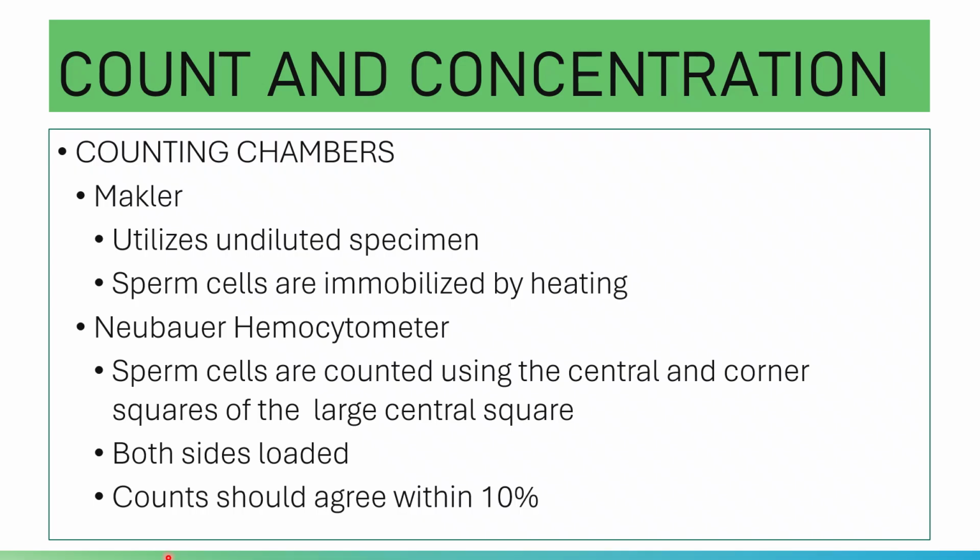Please note that both sides of the hemocytometer should be loaded. Both chambers should be loaded, and the counts should agree within 10%, or an average of the two counts is used in the calculation.